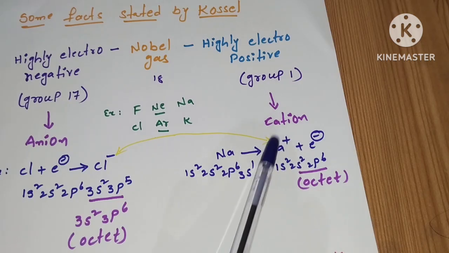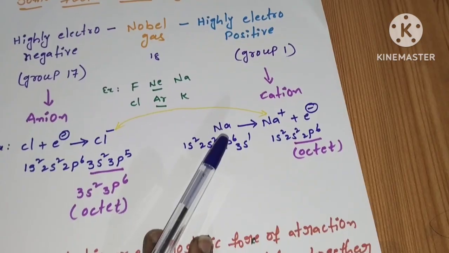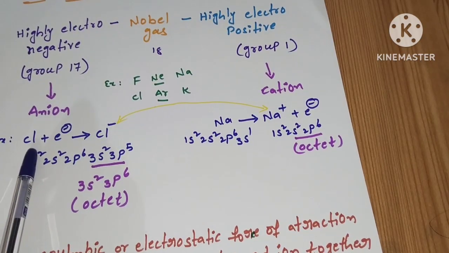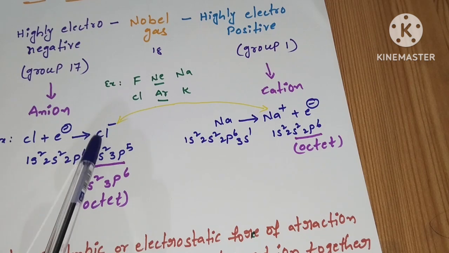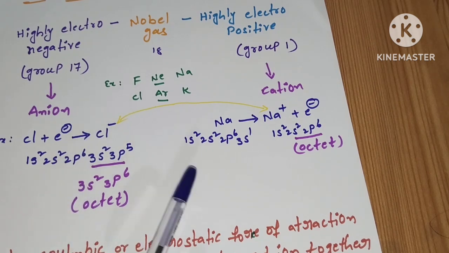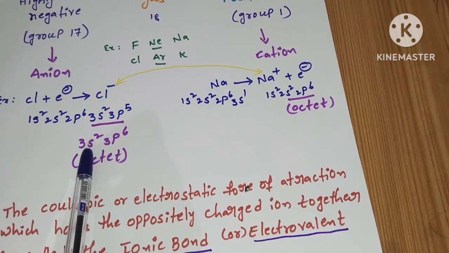Now the third point, while forming the anion, for example chlorine, by the gain of an electron it forms the chloride ion, meaning its configuration changes to 3s2 3p6.